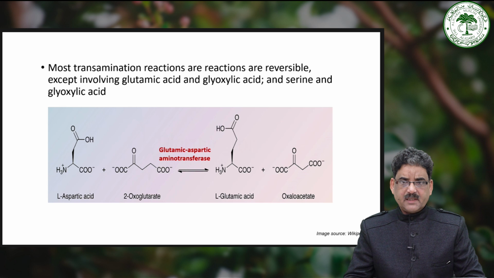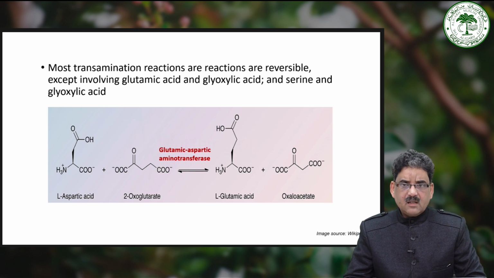The majority of transamination reactions are reversible, following the interchange of amino group between amino donor and amino acceptor compounds. However, exceptions exist in specific cases, such as the reactions involving glutamic acid and glyoxylic acid, as well as serine and glyoxylic acid, where the reversibility is restricted.